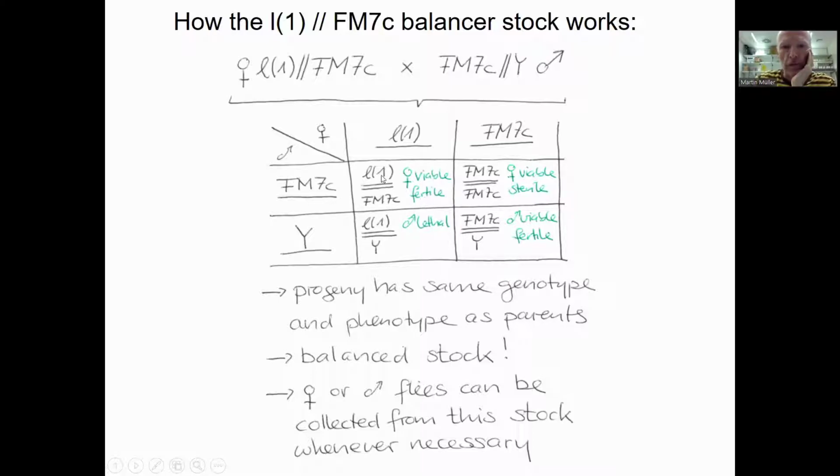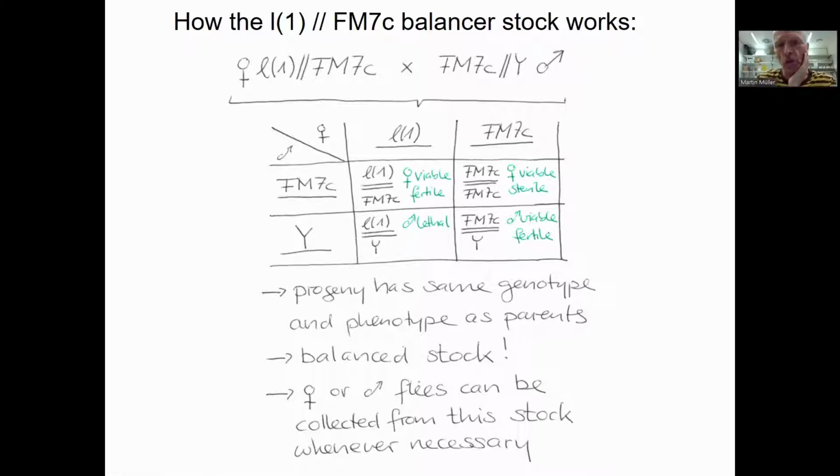We have lethal 1 over FM7, and we have FM7 over Y. Females, males, both viable and fertile, and we again have here the homozygous FM7. They are viable but sterile. But again, the ones which are viable and fertile are exactly the same as the parents, meaning we have a balanced system, we have a balanced stock.